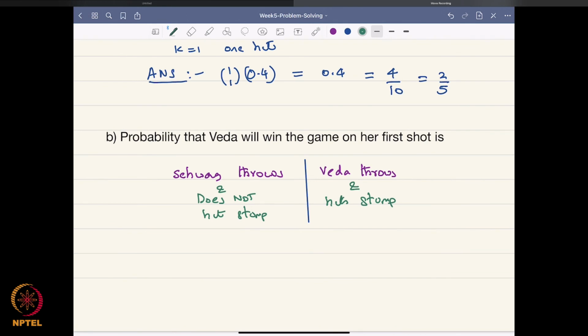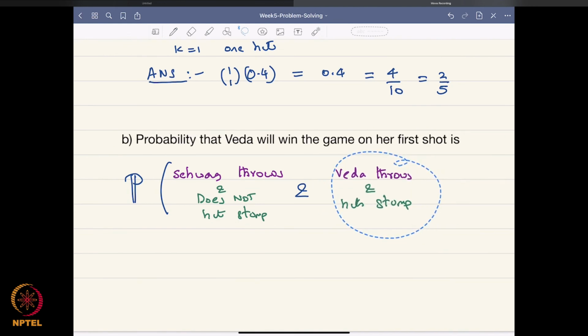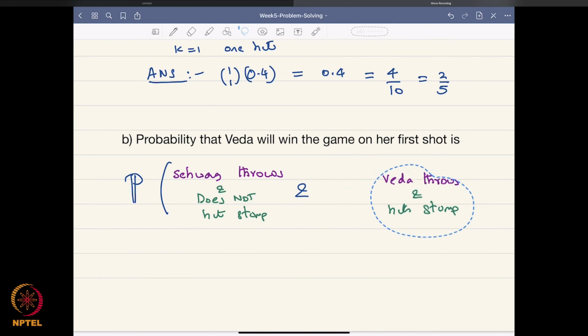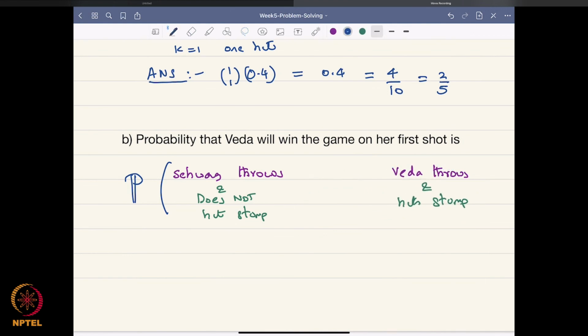And these two events are independent. So the probability of this happening, the probability of Sehwag throwing and not hitting the stump, and the next one, Veda throwing and hitting the stump. Let me put this as and, so there is no confusion. Sorry about that. And Veda hits the stumps.